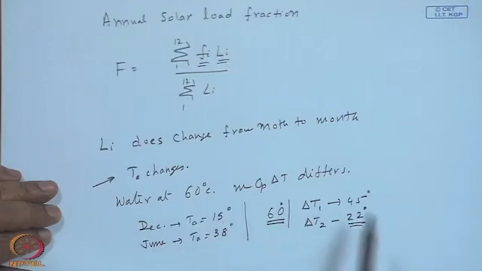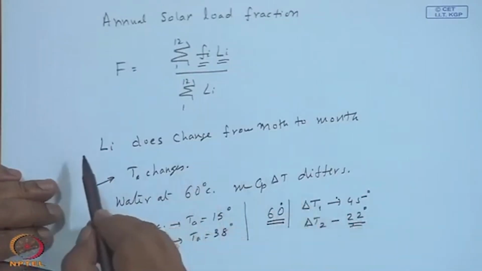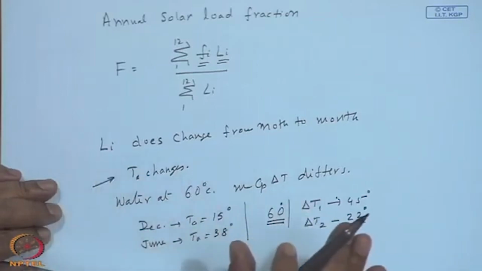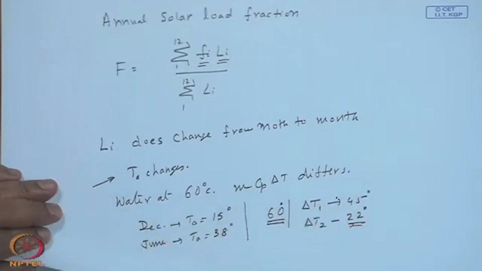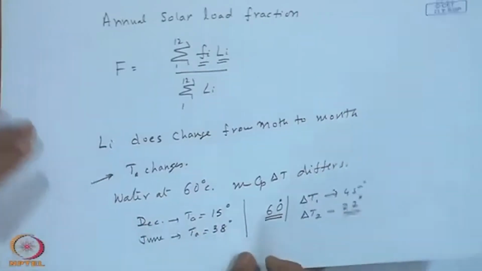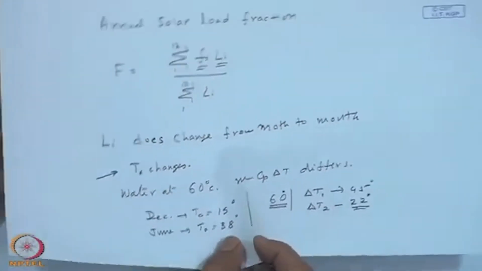So, if you design for December, it will be an over design for June. Consequently, the effectiveness will be only the L, which may be so many megajoules if I express it in terms of energy units, and definitely the excess energy has to be put to some other use, but in evaluating this system viability it will not contribute.